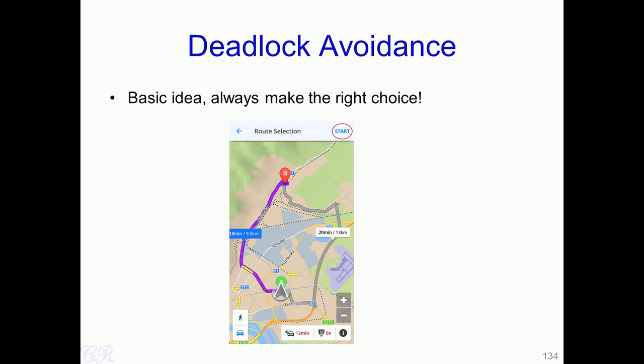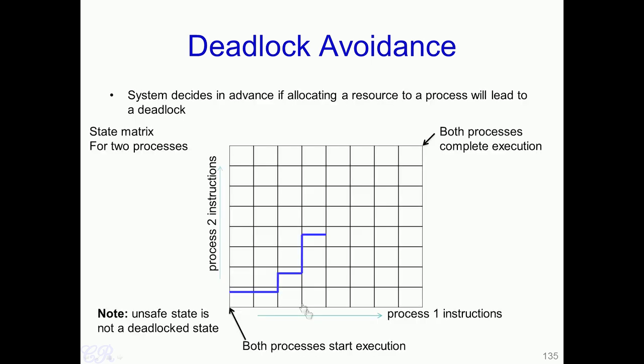Deadlock avoidance algorithms work in very similar ways. Let us take a particular example with two processes, process 1 and process 2, and we will represent the state of the system by this particular graph.